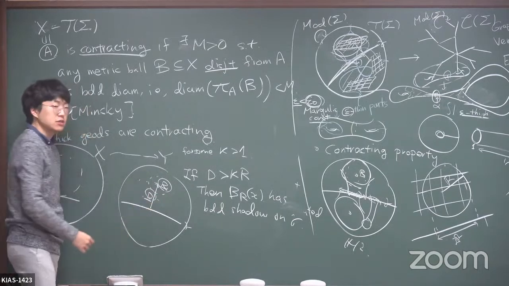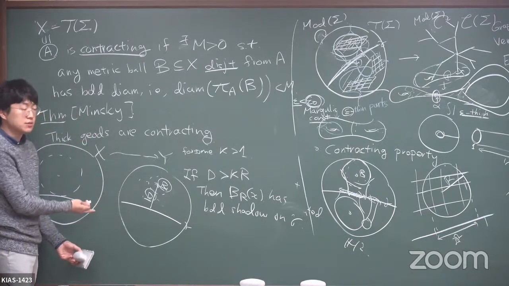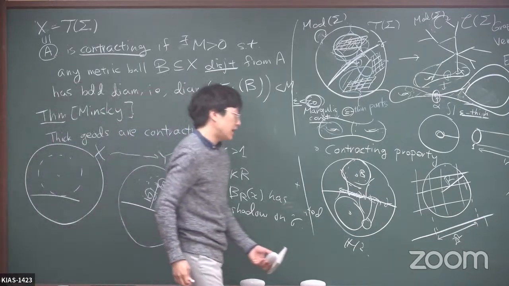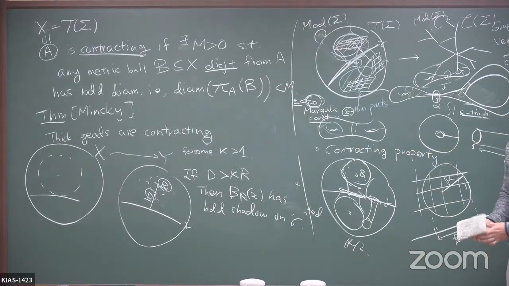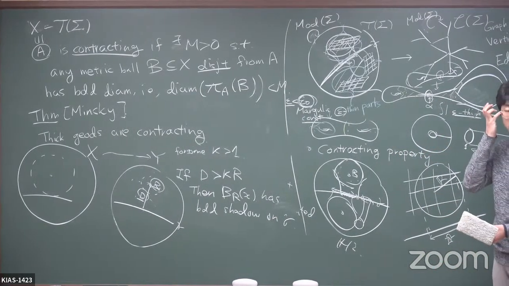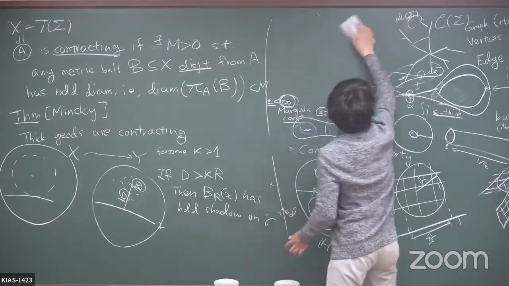Then you have bounded projection. You may require this kind of axiom for a deformed space. And this deformed space will be yet another geometric object, which is the Cayley graph of the mapping class group.